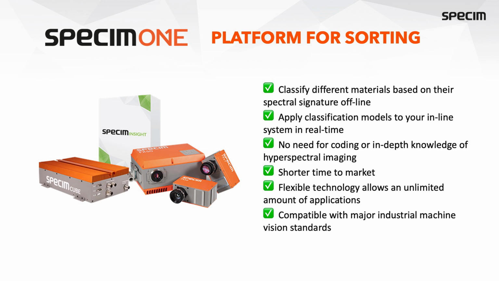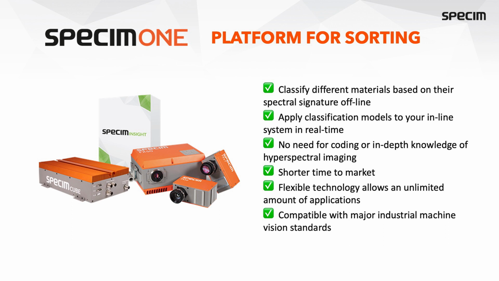So basically, now you have the possibility to not only get spectra out of the camera, but you can get classes: what spectrum corresponds to which class? You don't need to do any coding, to understand the chemometrics or to interpret the spectra. This is done for you with the software and with the machine, with a nice graphical user interface, which makes things really easy.